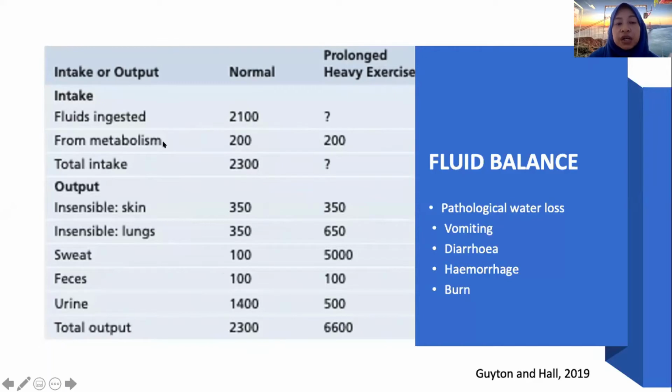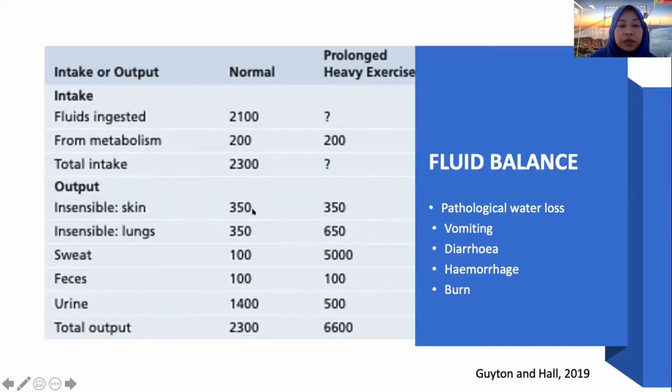And the rest will come from the carbohydrate metabolism, from your Krebs cycle, where you metabolize the glucose to form carbon dioxide and also water. So a small portion will come from that process itself, from the metabolism.